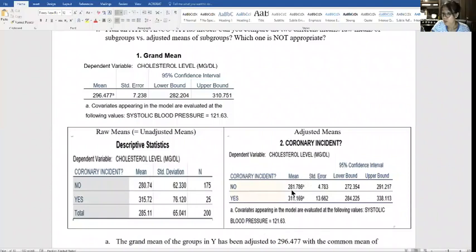Compare that: the gap between two groups is smaller than this. This means there are other important factors in addition to coronary incidence on the cholesterol level. That's why they use this blood pressure, okay?